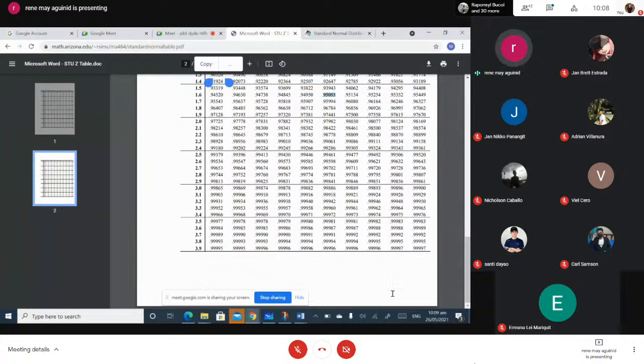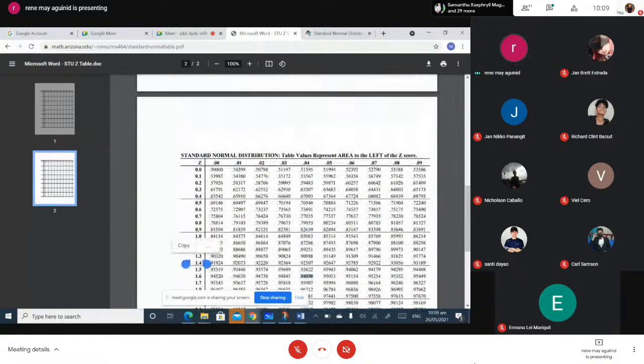Kapareho ra sila. 0.9495 diri pud is 0.9505, so pareho sila nga 0.005 and 0.005. You are going to interpolate 1.64 or 1.65.